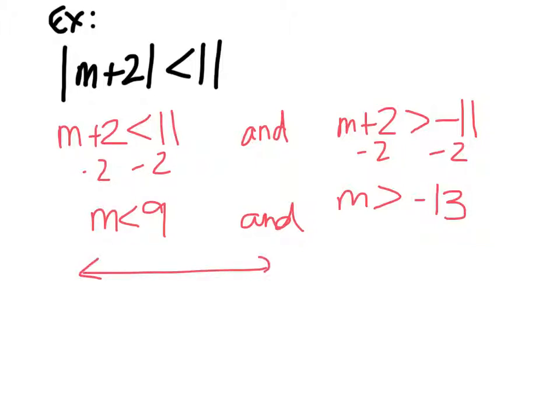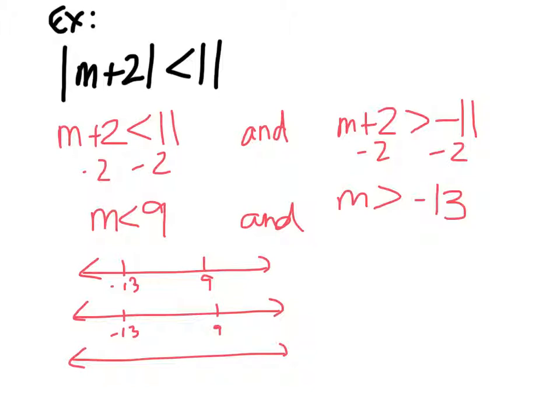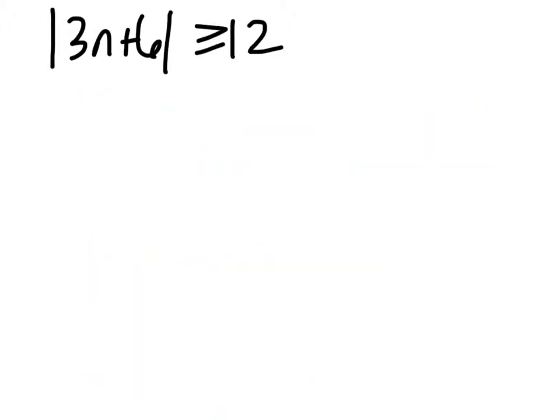And so again, I set up those three number lines. So I have negative 13 and 9, negative 13 and 9, negative 13 and 9. And I say m is less than 9, m is greater than negative 13. It's an and. I look for what they have in common, and they have this part right here in between them in common.